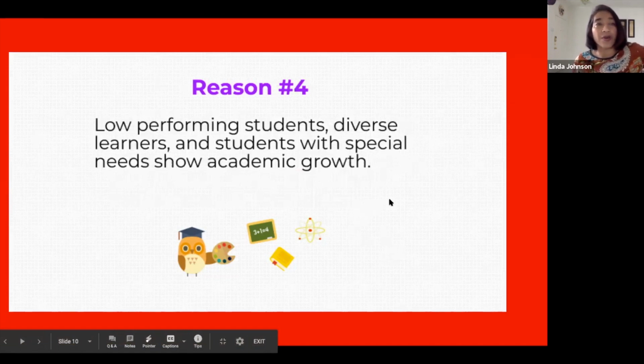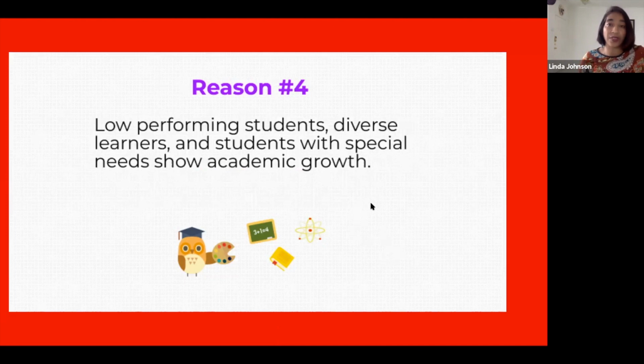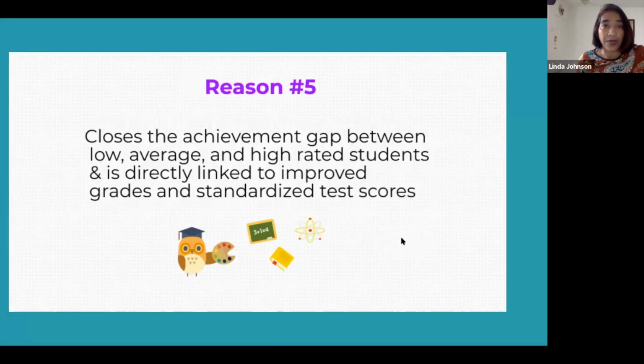And then also, there is research and data that shows that low performing students, diverse learners, and students with special needs show academic growth when you use arts integration in the classroom as an approach to learning. And so this right here will tie right into that culturally responsive teaching that I'm going to discuss later on.